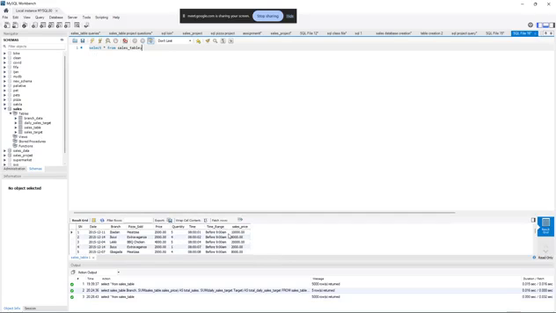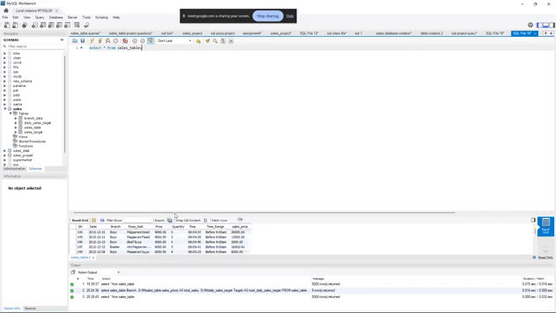So this is our sales table. I know you are very familiar with this.